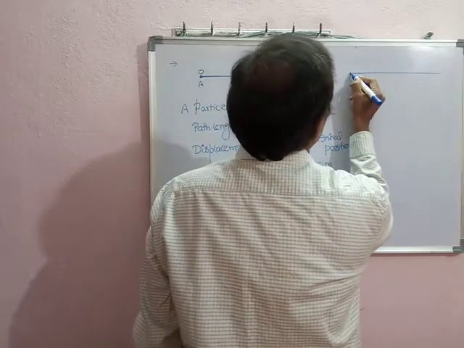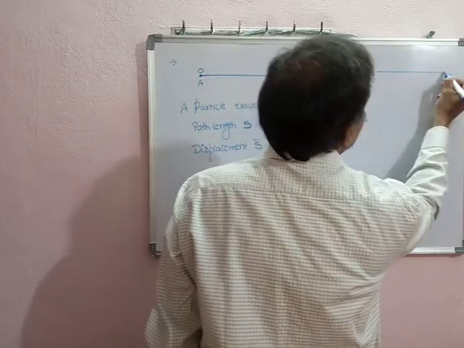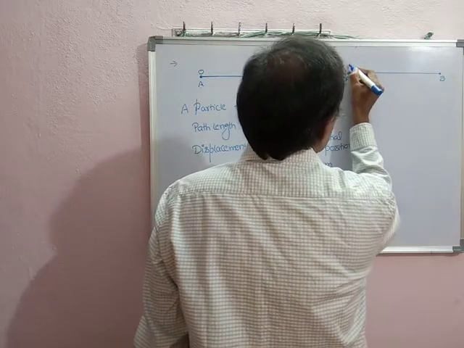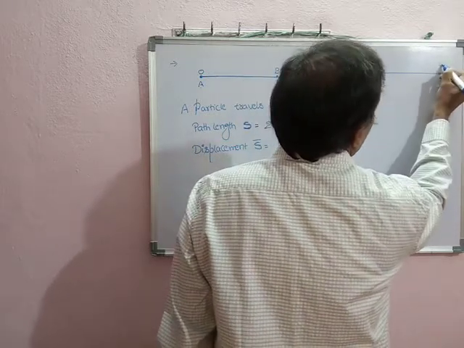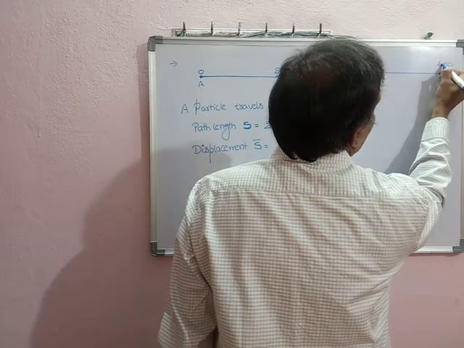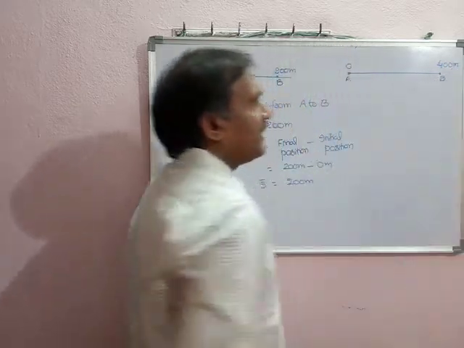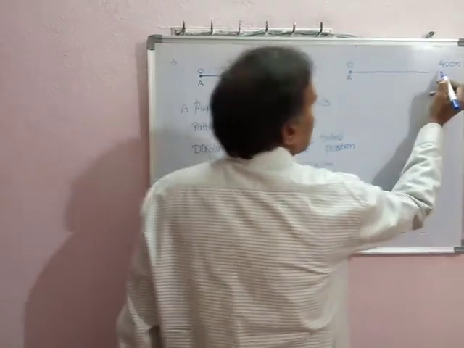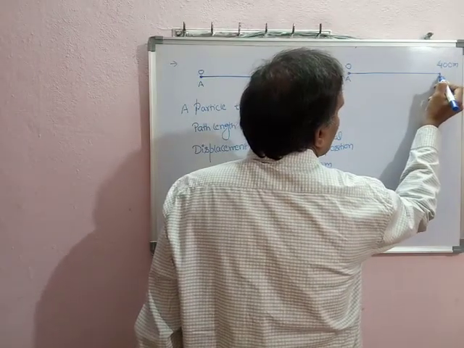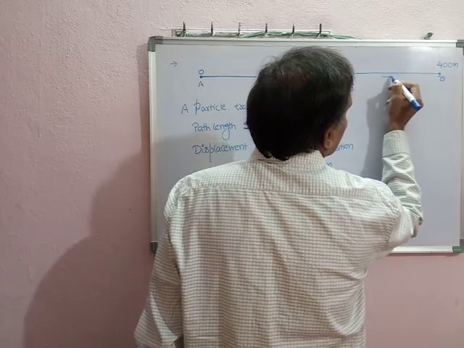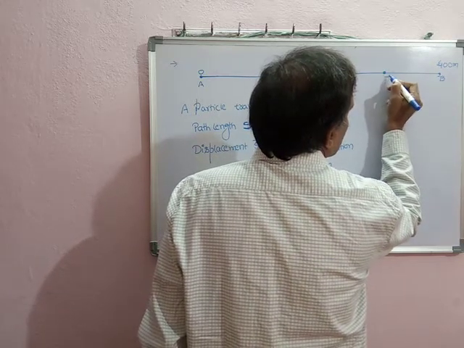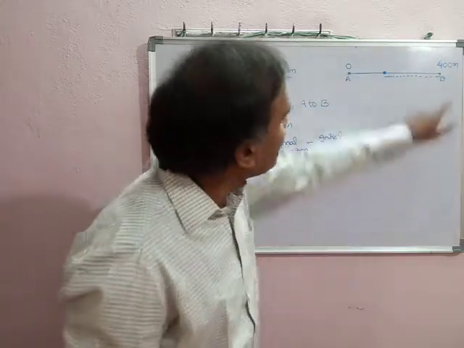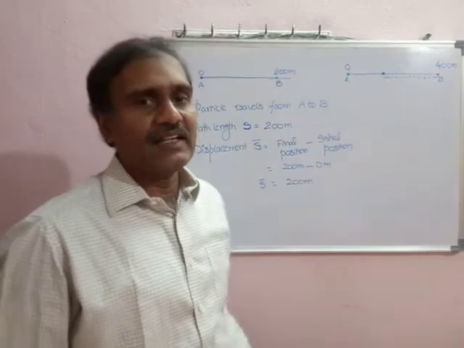This is point A, and here is point B. Its position is taken as 0 at A and 400 meters at B. Now the particle moves back along the same road, but for my convenience I am using this dotted line.